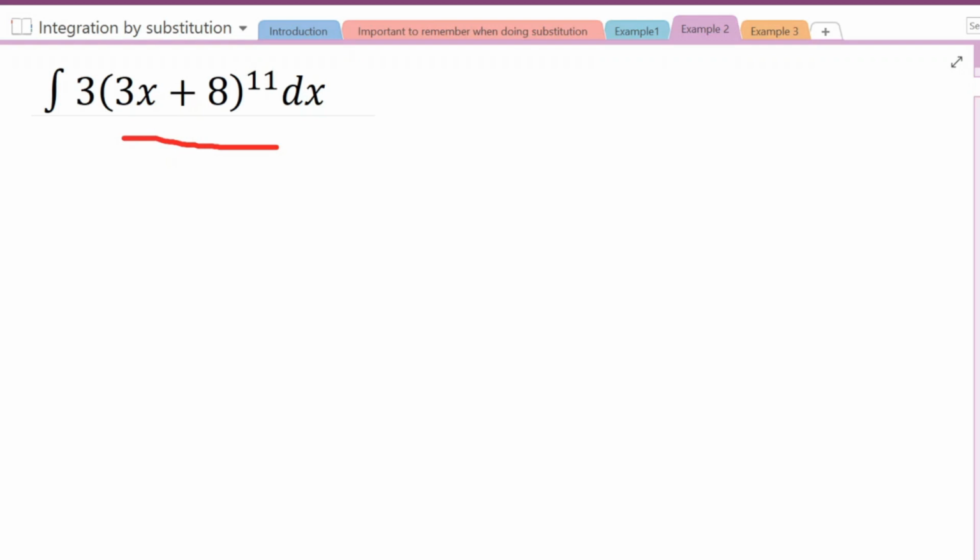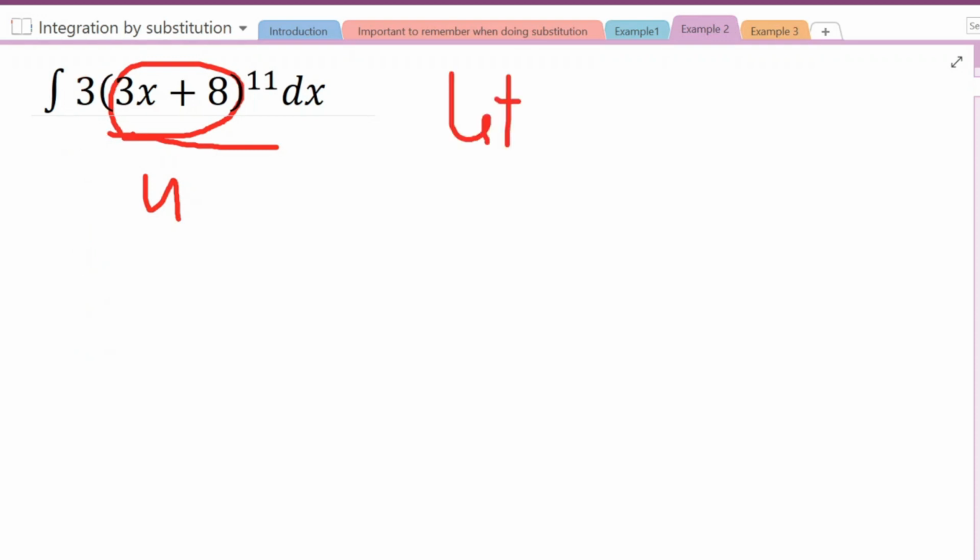Now let us decide which part of the integral should be let as the value of u. I guess there is no debate on which part of it should be u, because we can only see this quantity here that should be the value of u. Letting this one instead as the value of u would not help us at all. So let us go ahead and erase that one.